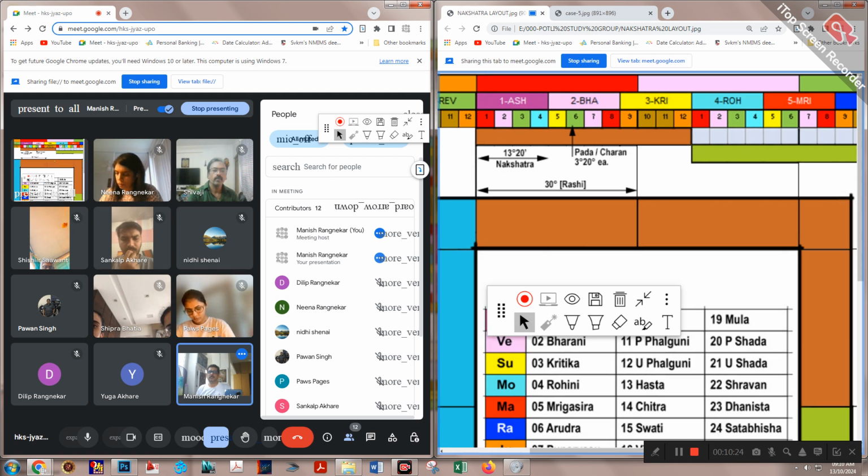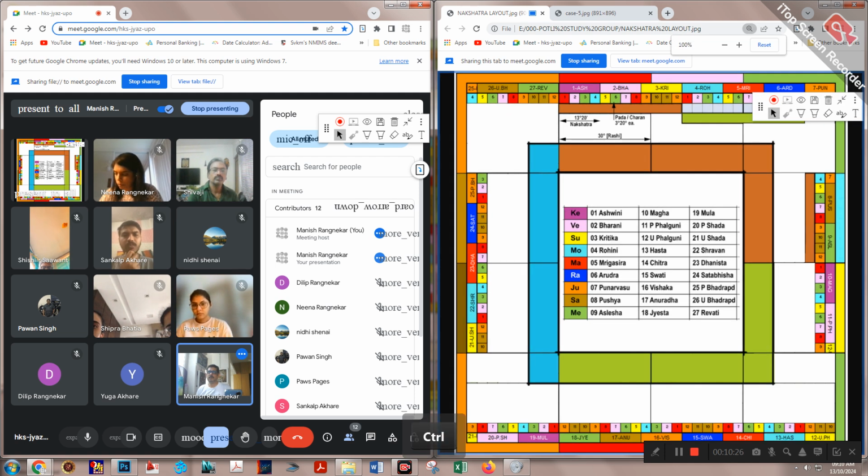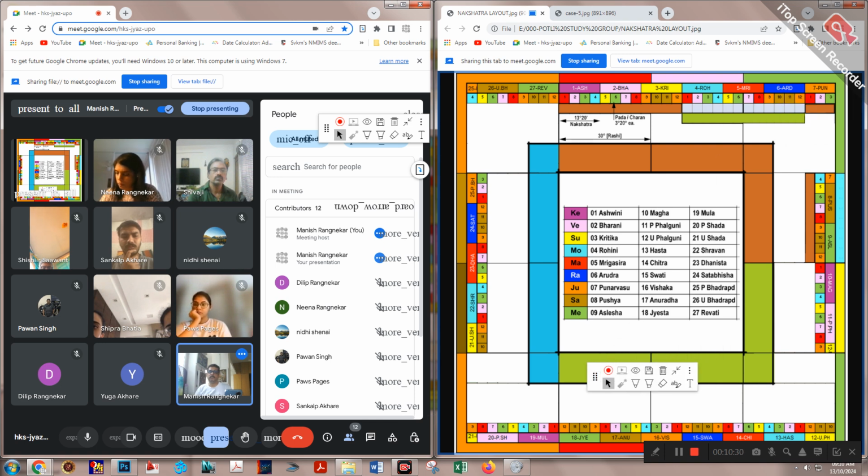Now, just see the fun of it. Now I want you to see this Vimshotri Dasha, which you are already aware of. And just see the sequence in which the nakshatra is going. Here, just go by the color. Can you see Ketu over here? Can you see Venus over here? Can you see Sun over here? Can you see Moon over here?